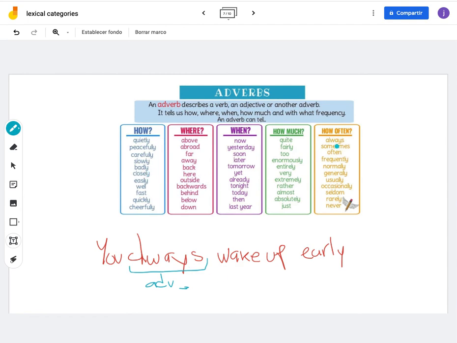In this case, we can see the word always in this part with the question how often. Always is the adverb. Remember, adverbs ask the questions how, where, and when.